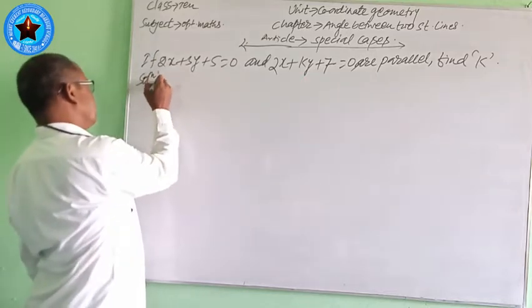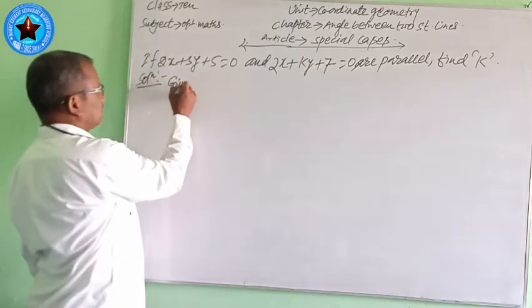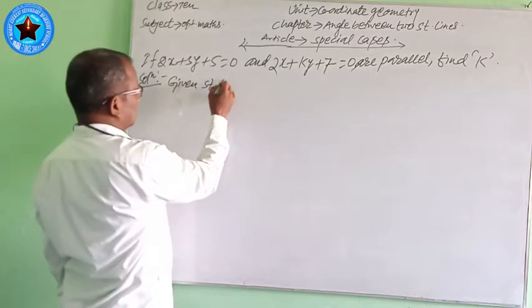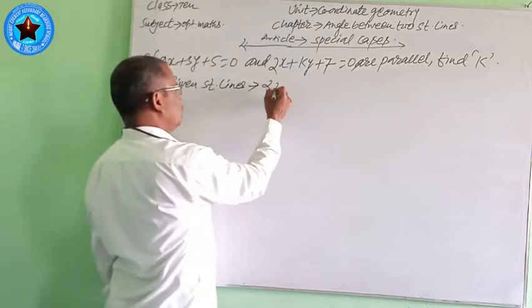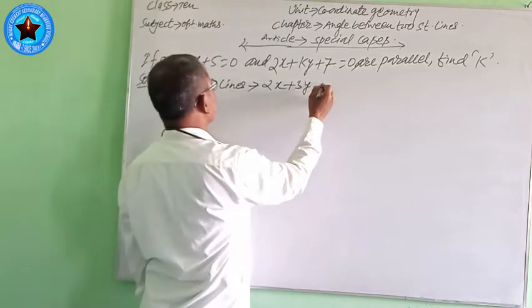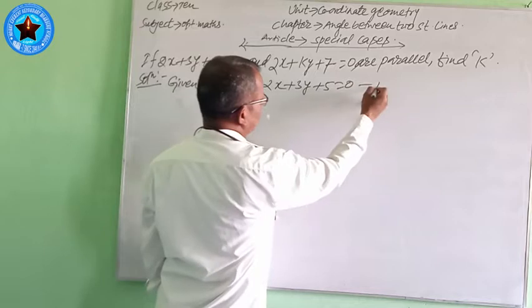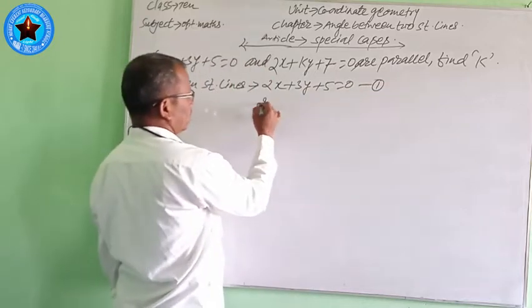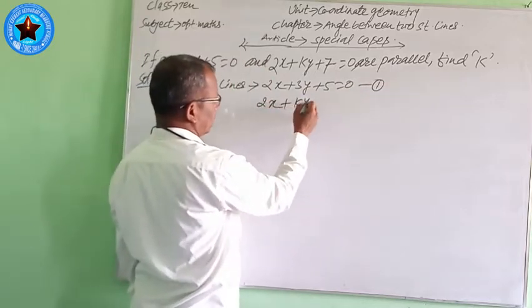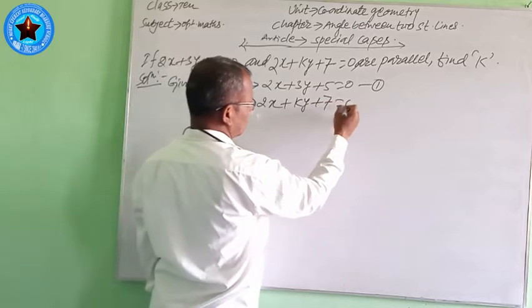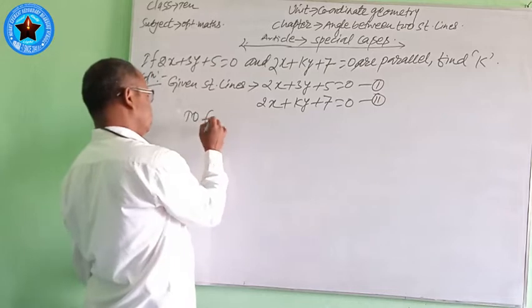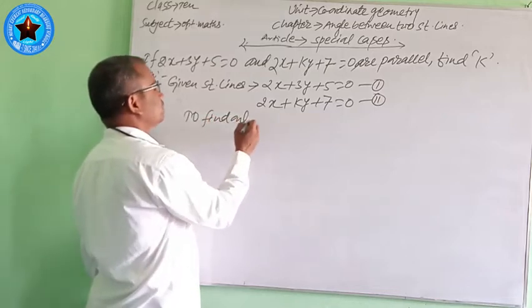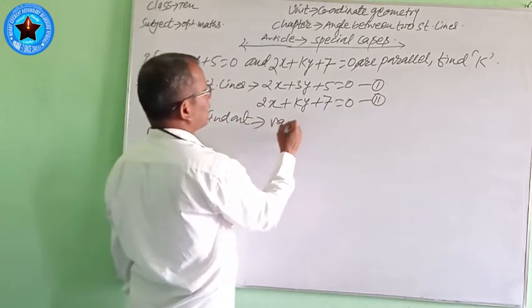Solution. Given straight lines 2x plus 3y plus 5 equals 0 and 2x plus ky plus 7 equals 0. To find out the value of k.